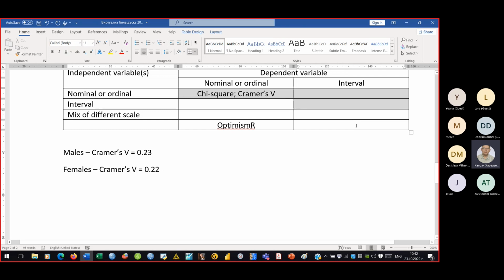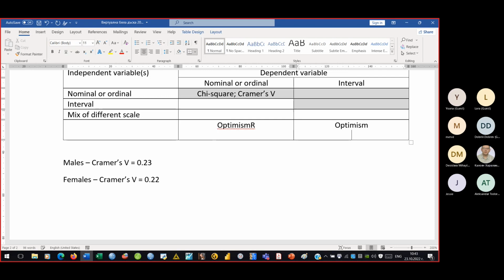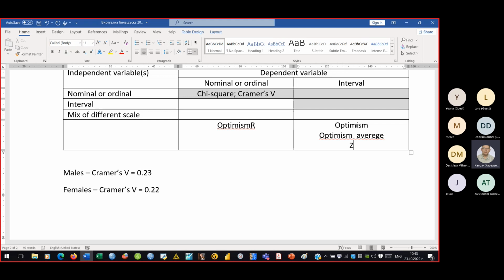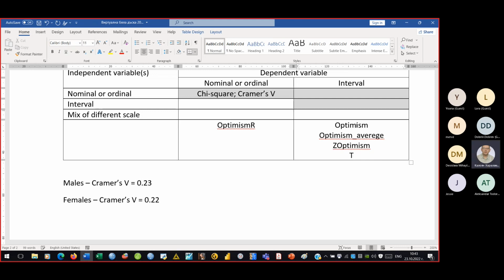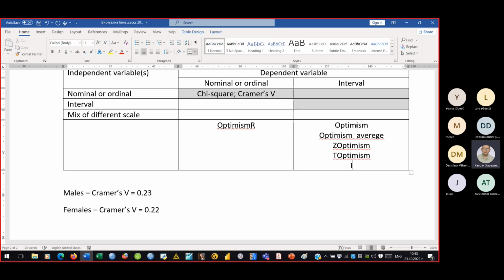And when the dependent variable is interval, then the dependent variable could be optimism, or optimism average, or Z optimism, or T optimism, or index optimism.